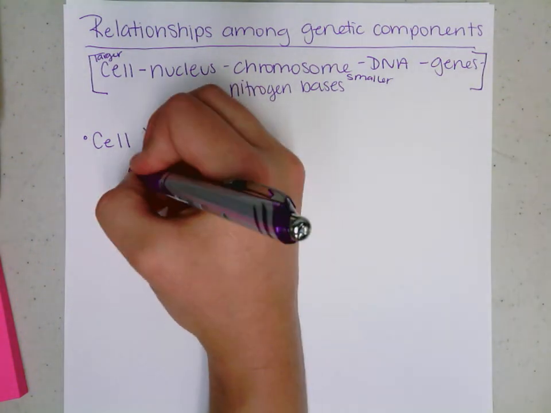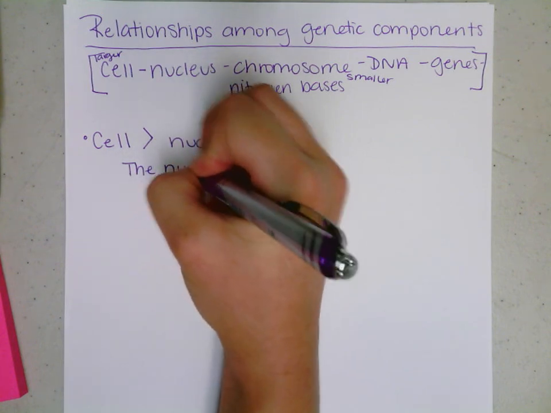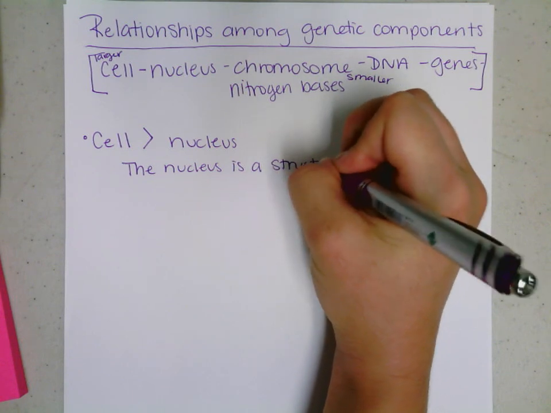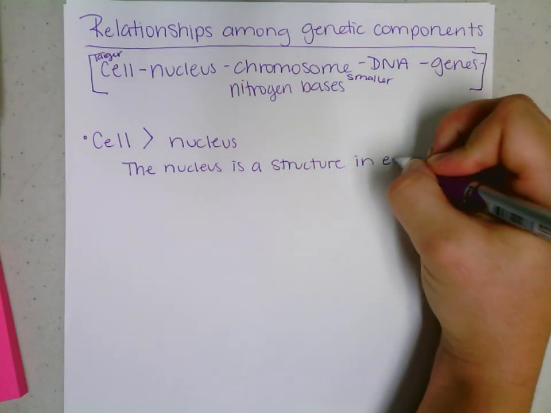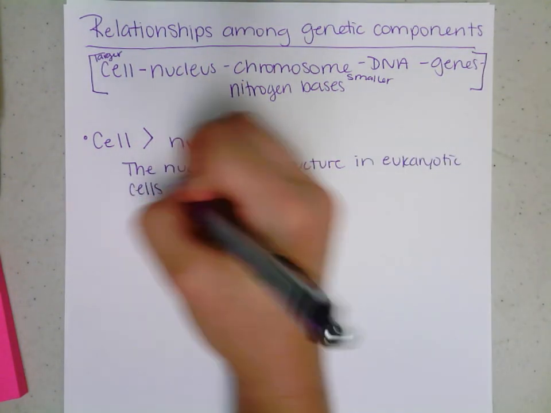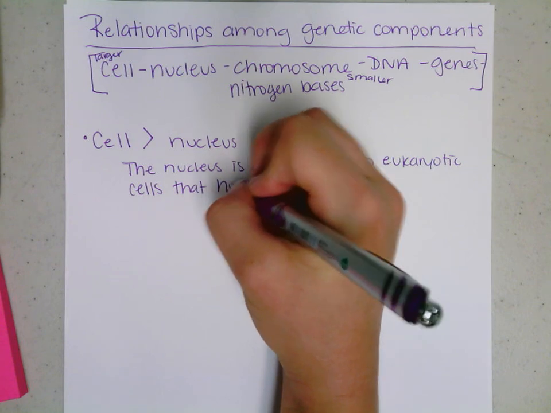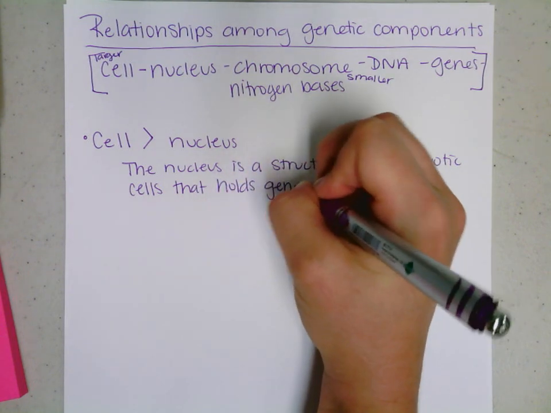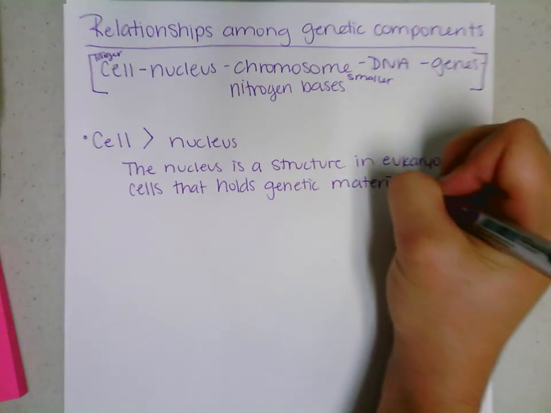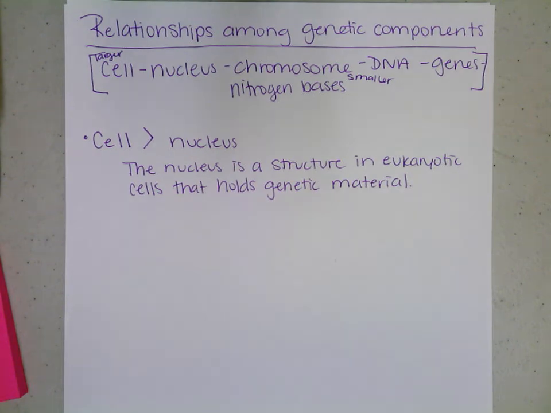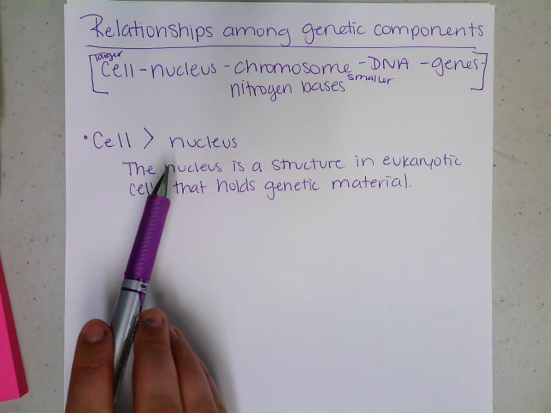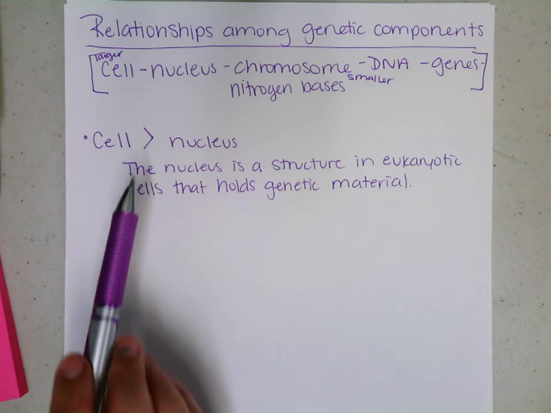So we want to say that the nucleus is a structure in eukaryotic cells that holds genetic material. So we've written that in a complete sentence. We've explained the relationship between these two things, and we understand how they are connected.